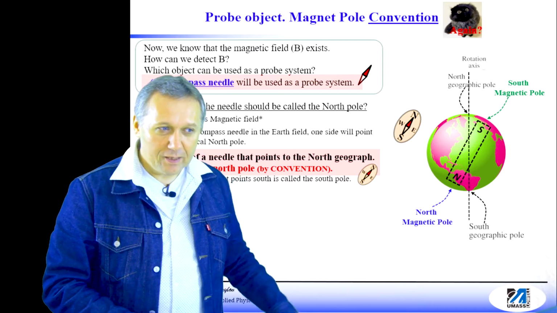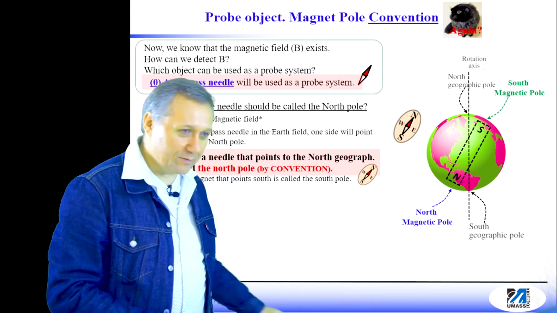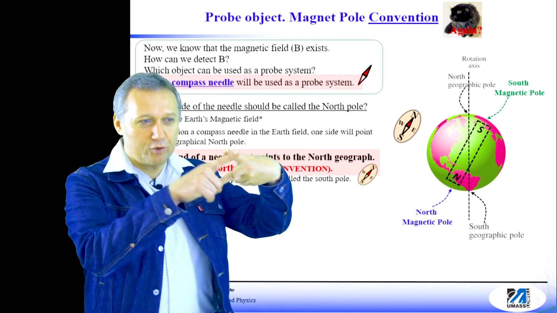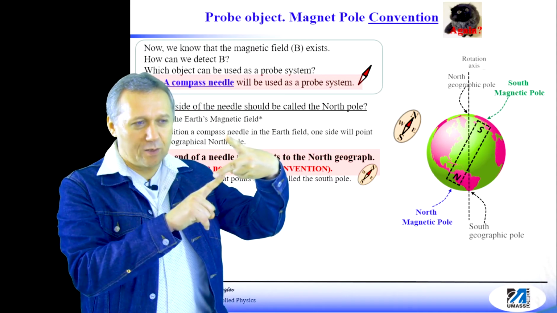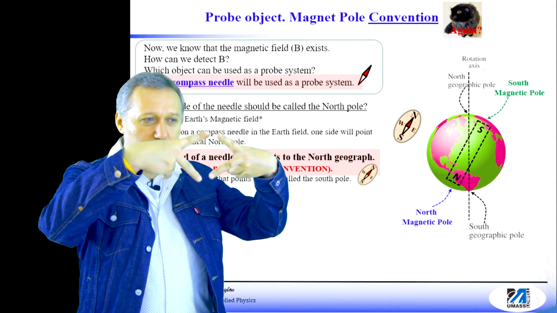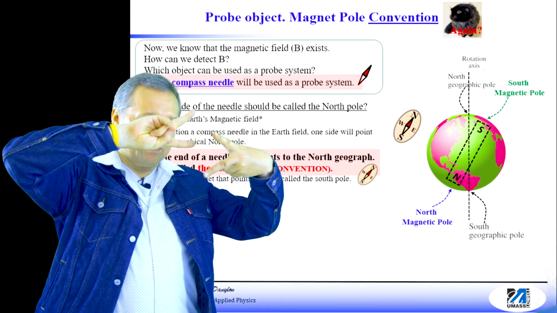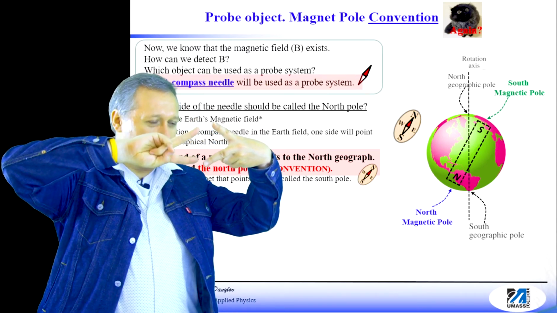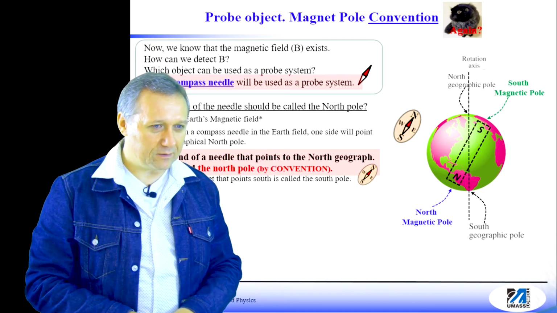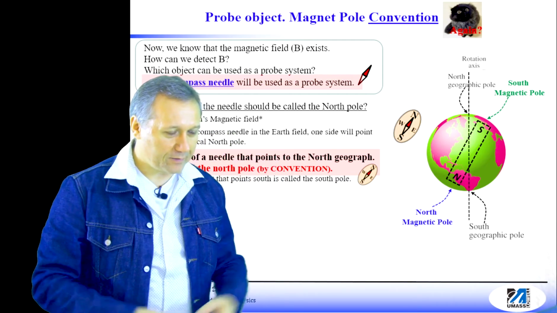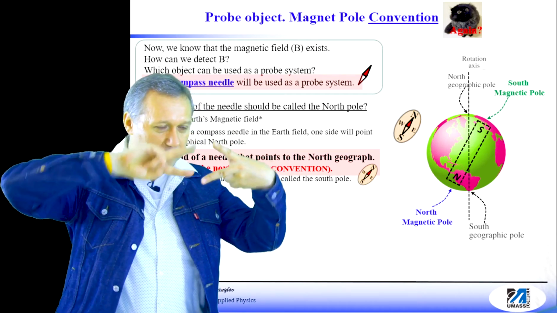So you see, we have two types of poles: north geographical, south geographical, but the magnetic poles are flipped. South magnetic, north magnetic, right? So you see, the poles are flipped.